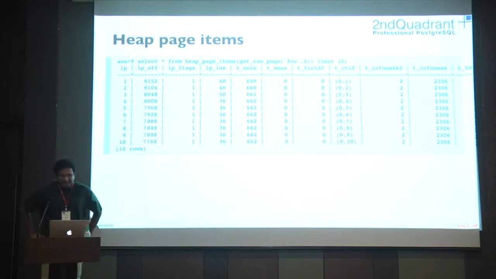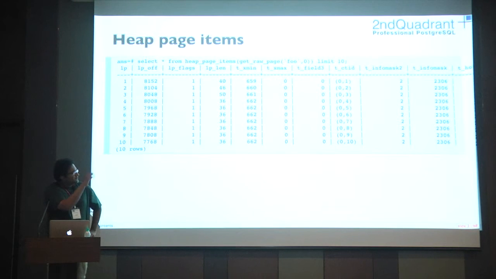You can see here that the first tuple, which is lp 1 here, starts at offset 8152 in the page. It's 40 bytes long, which is the third lp_len field. And it has a ctid of (0,1), which means page 0 and tuple 1, or line pointer 1.